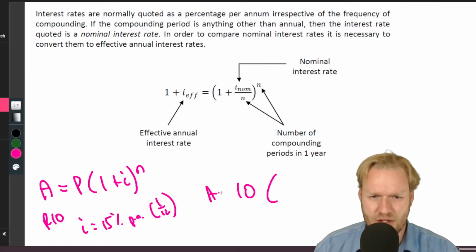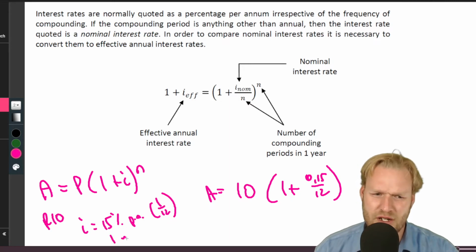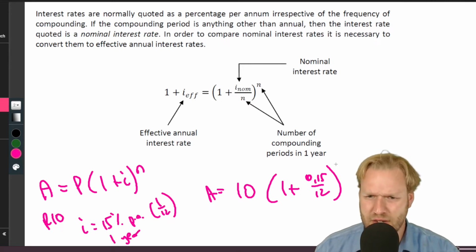You would go, okay, well, A equals 10 times 1 plus our interest rate, 0.15 over 12. I'm going to tell you we're going to invest this for 1 year. So then you go, well, 1 year is 12 months, you put a 12 here.